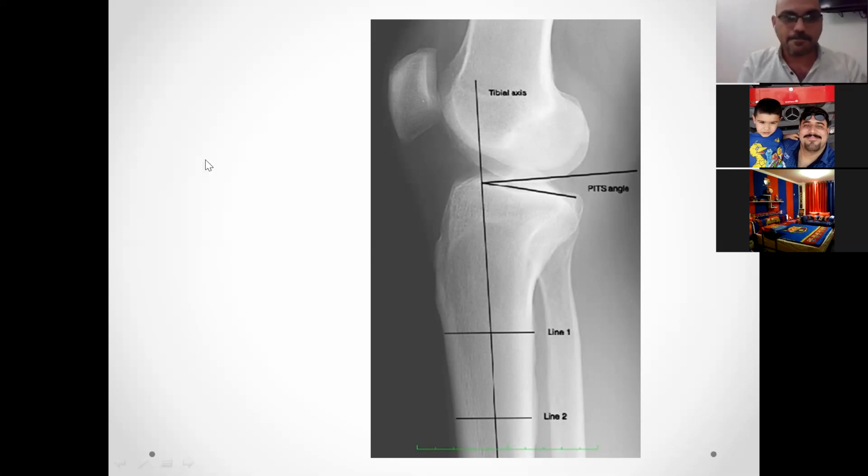If you can see the slope of the tibia, this is the proximal tibial slope angle, which is formed anatomically.